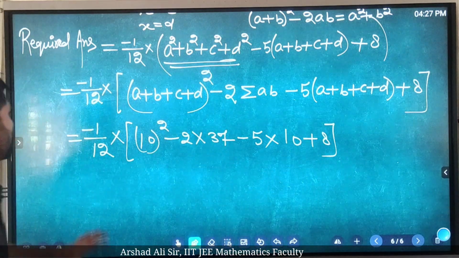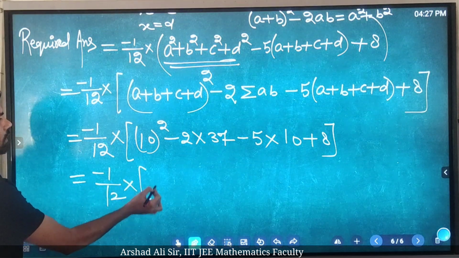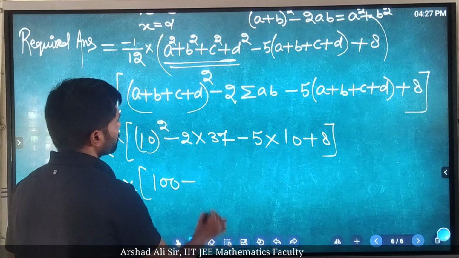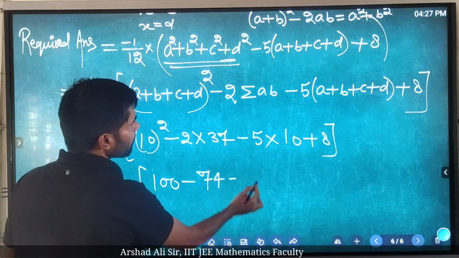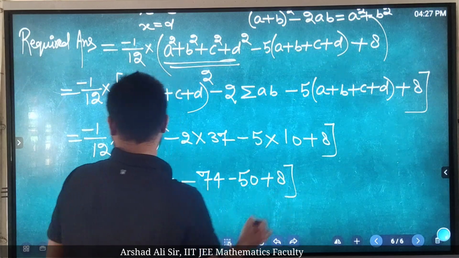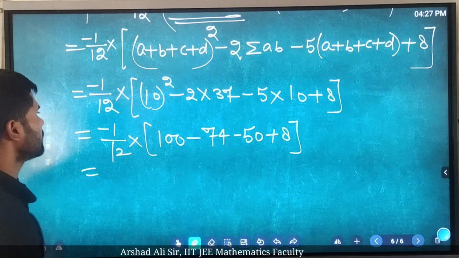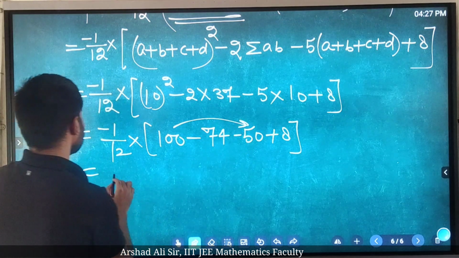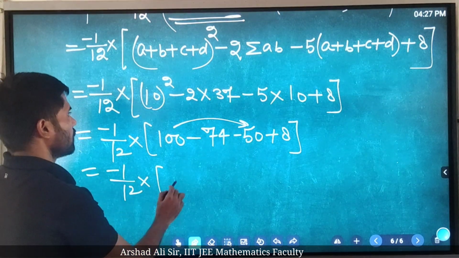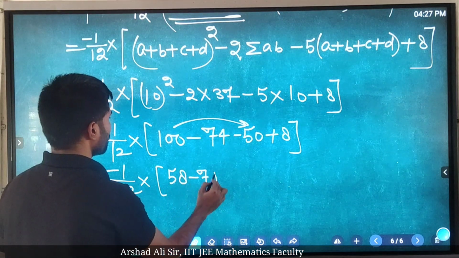Okay students, now it is the last step. We have to simplify. Minus 1 by 12 multiply. What is 10 square? 100 minus 37 multiply 2 will be 74, right? Minus 50 and plus 8. So it will be your final answer. What will it be? 100 minus 50 plus 8 is 58, minus 74.